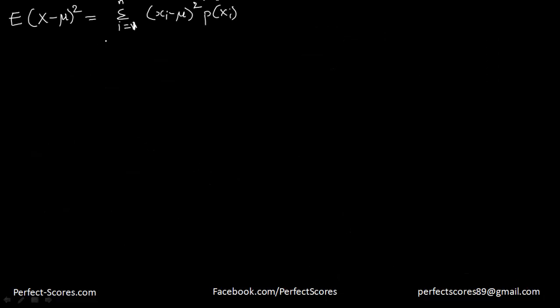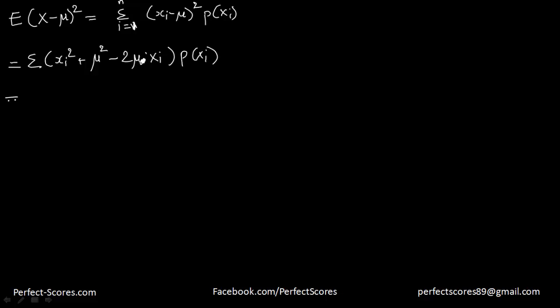If I try to open this up, I'm just going to talk about the right hand side now. This is going to be the summation of (xi square plus the mean square minus 2 mean into xi) into the probability of xi, mean doesn't have an i here.